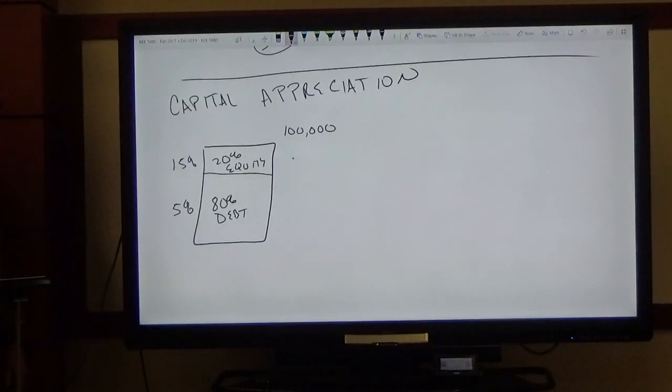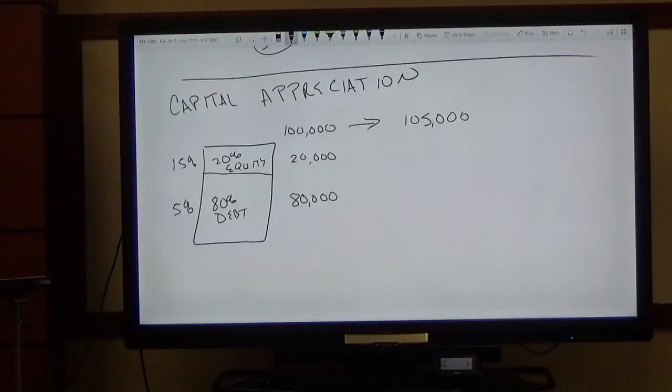So that means 20,000 is equity value, 80,000 is debt value. Does that make sense? Yes? Okay. Now what happens if, from 1 year to the next, the overall value of the property goes up by 5%? That means this next year, the value of the overall property is 105,000. Yes? Okay, 5% increase.